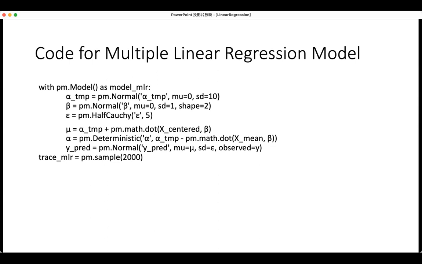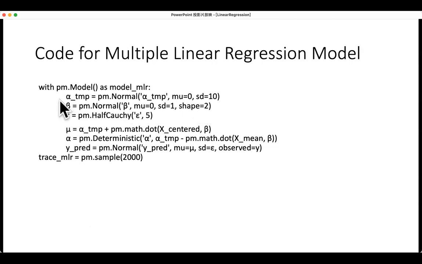And for beta, it's a normal distribution with mu 0 and standard deviation 1. So this is a standard normal distribution. And the shape equal to 2 means we have beta 1 and beta 2.